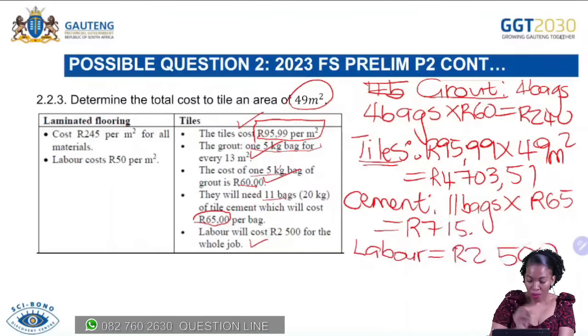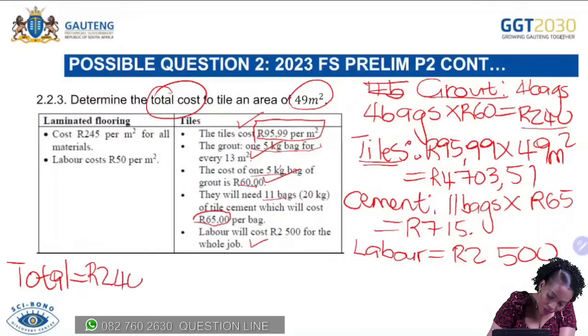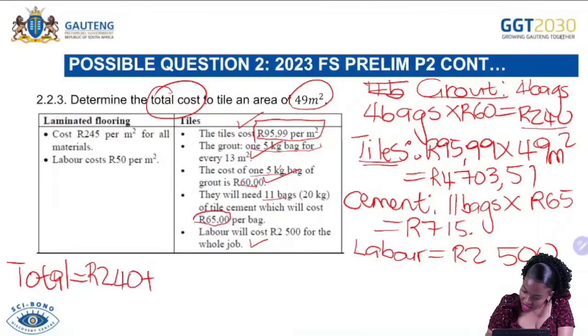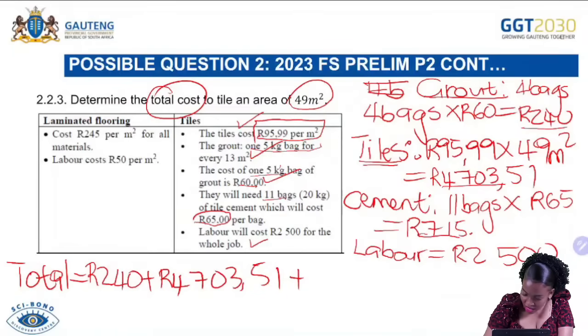Now, if you want the total, they said total. Remember in maths, total means addition, and difference means subtract. So the total is, we're going to start with the grout, 240, plus the tile, 4,703.51, plus the cement, 715, plus the labor.